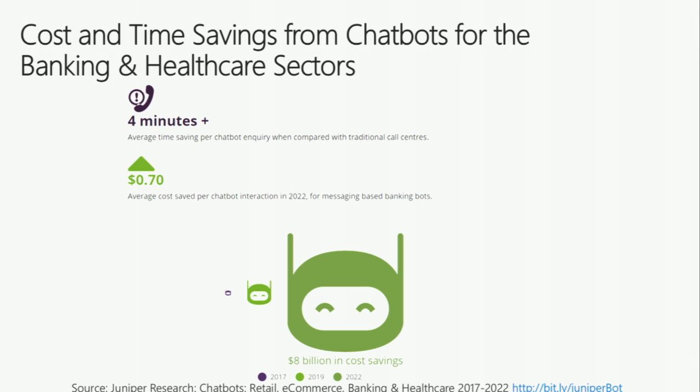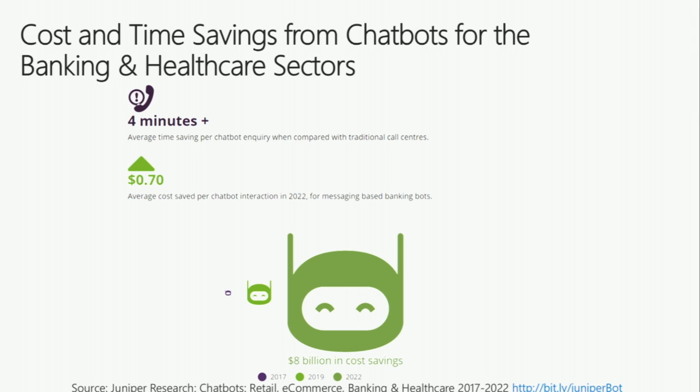Sometimes we're not all that happy with talking with human beings, and it can be way more effective to talk to a bot that understands the flow a bit easier. There have been use cases with almost 4 minutes of savings per call closing out an inquiry from a customer, which can lead to, in this case with the research, nearly a 70-cent savings per call.